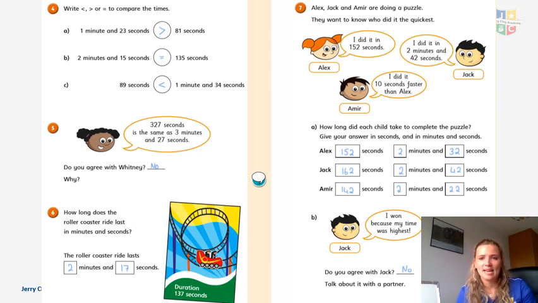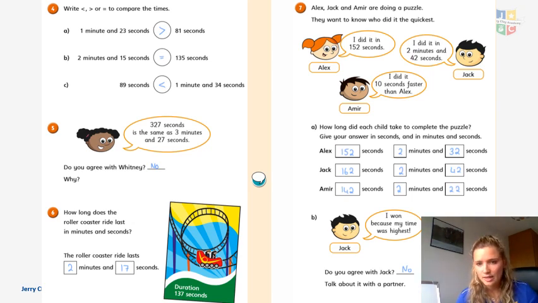Now Amir says, I did it 10 seconds faster than Alex. If it's faster at doing a puzzle, it means it'll be a smaller number. So we need to do 152, because that's what Alex got, take off 10, so Amir did it in 142 seconds. We could have either worked this out by counting up how many lots of 60 and how many remaining, or we could have just taken 10 seconds off Alex's time, so it would be 2 minutes and 22 seconds.